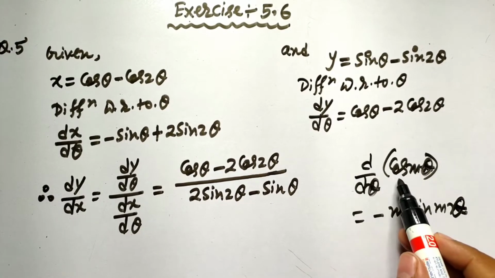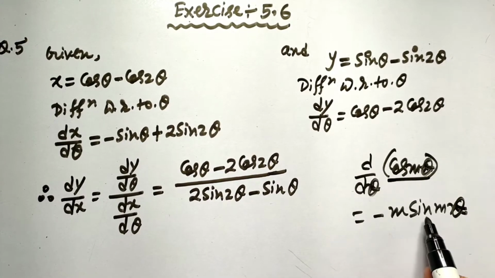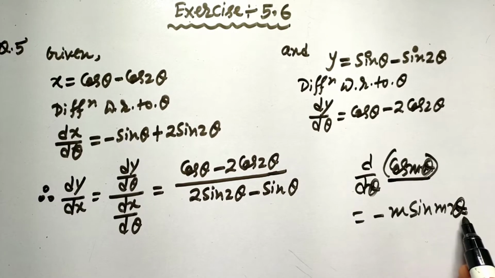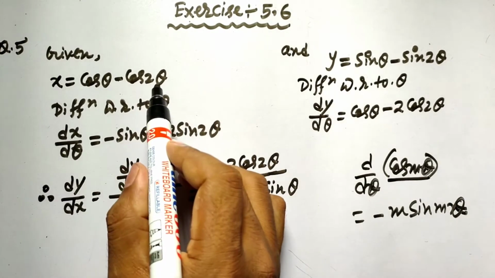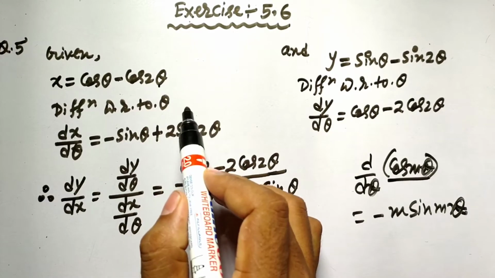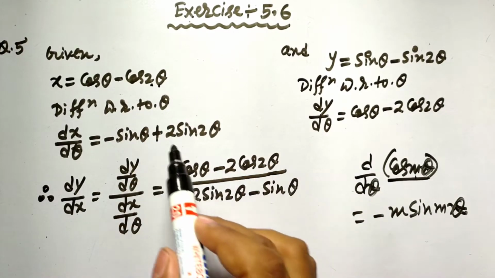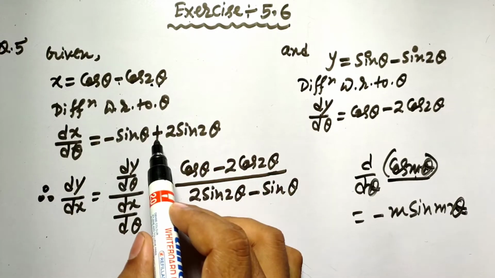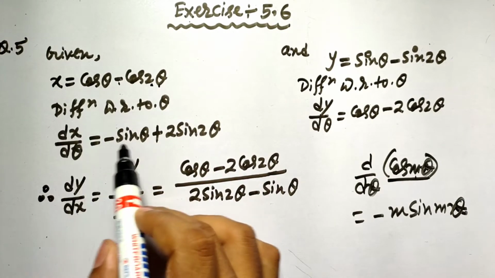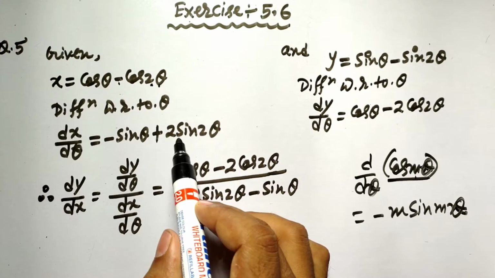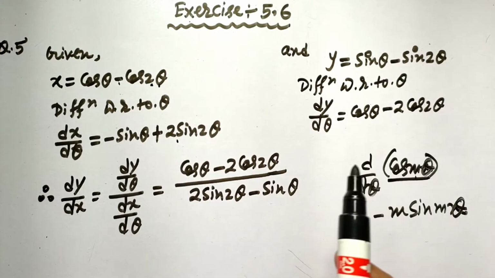The derivative of cos m theta is minus m sin m theta. So the derivative of cos 2 theta is minus 2 sin 2 theta because m equals 2 here. So minus this minus is plus. So dx/d theta is minus sin theta plus 2 sin 2 theta.